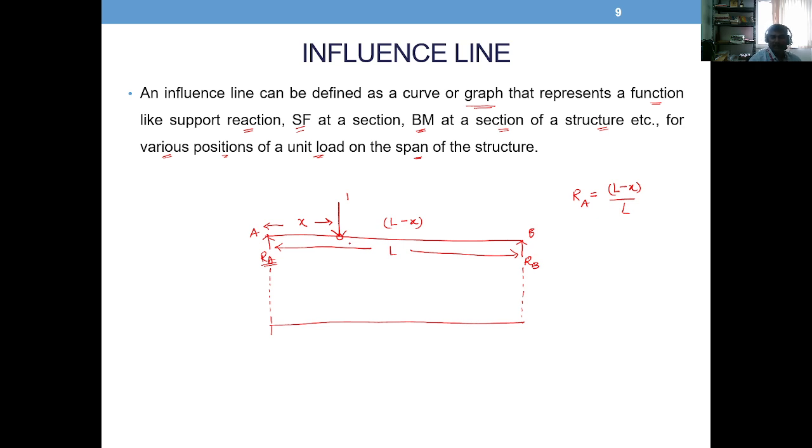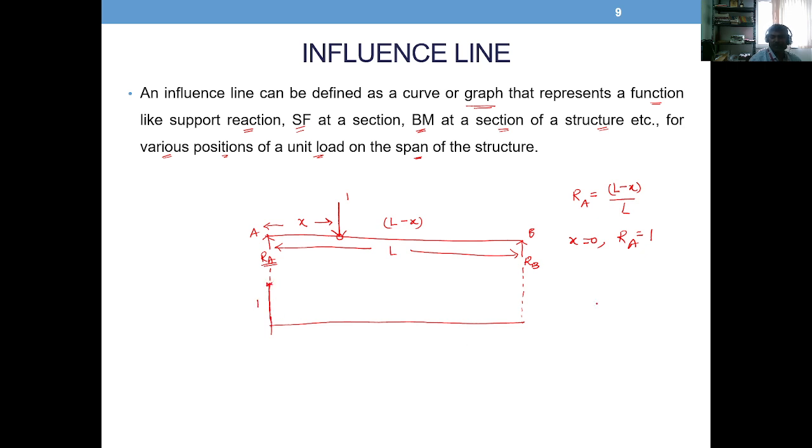Let us see how the RA values, reaction at A values, are going to change when load moves from A to B. So when load is at A, x will become 0. In that position, what is reaction at A? When x is equal to 0, substitute x is 0, we have reaction at A as 1. So plot reaction at A values on y-axis.